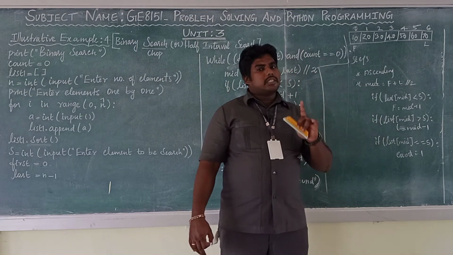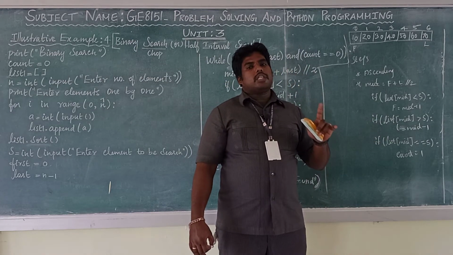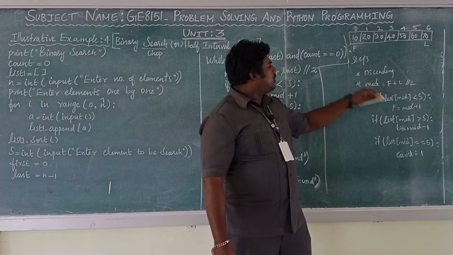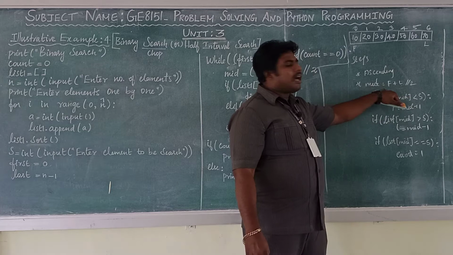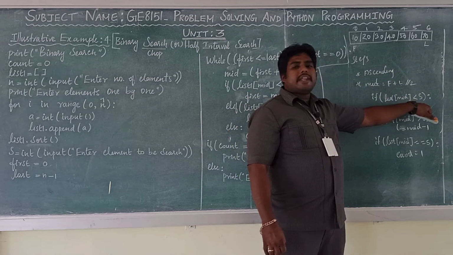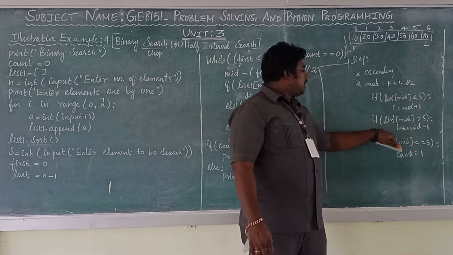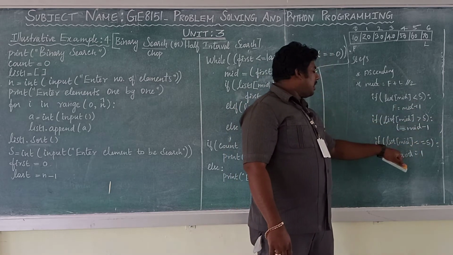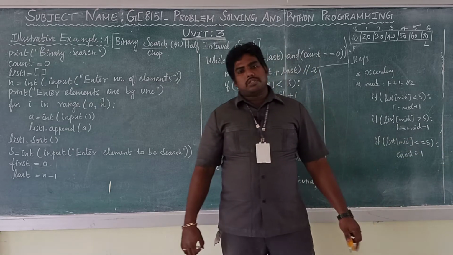Then you have to check three conditions for the binary search logic. After finding the mid: list of mid less than the search element, list of mid greater than the search element, and list of mid equal to the search element.